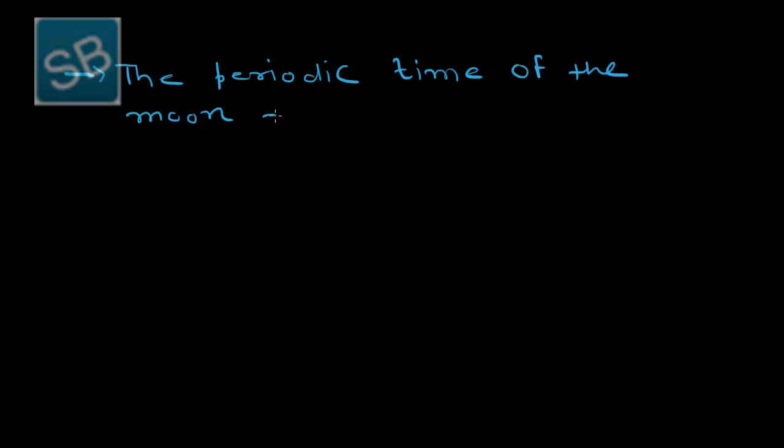If we look at the orbital motion of the moon, then the periodic time comes out to be 27.3 days.